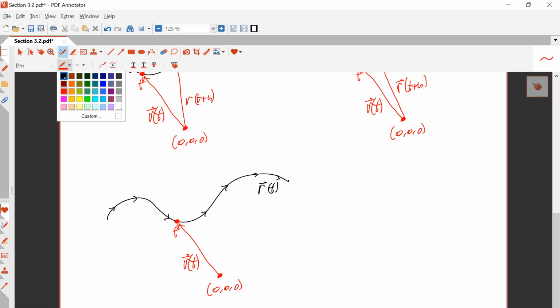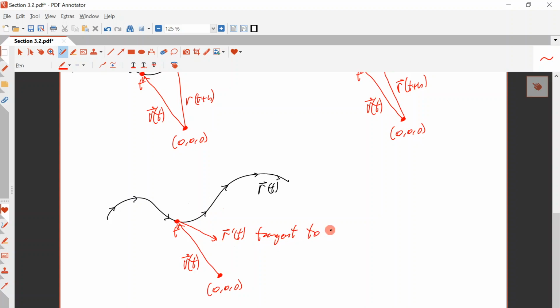So there's r of t, and r prime of t is tangent to the curve r of t.